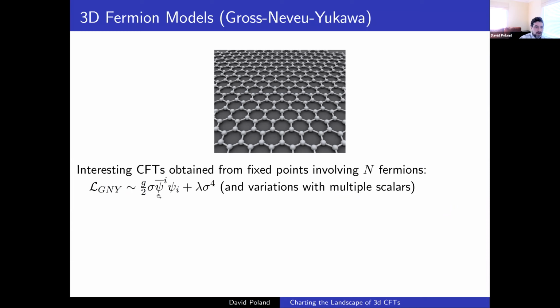In a Lagrangian description, you can think of them as the theory that you get when you have N fermions psi_i, and you couple them to a scalar sigma through a Yukawa coupling, and then potentially also give that scalar some quartic coupling. So this gives you the Lagrangian of the Gross-Neveu-Yukawa model, which at least at large N, you can establish has a fixed point. There are also variations of these kinds of models involving more than one scalar as well, which also have some interest.